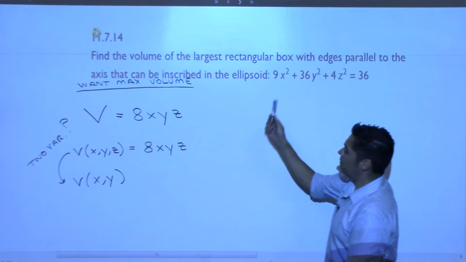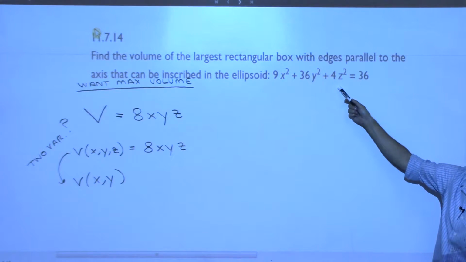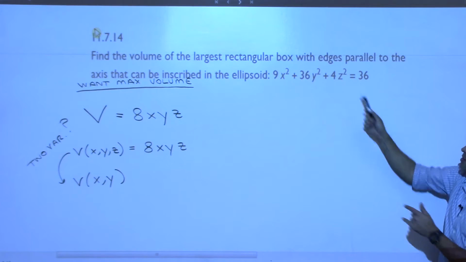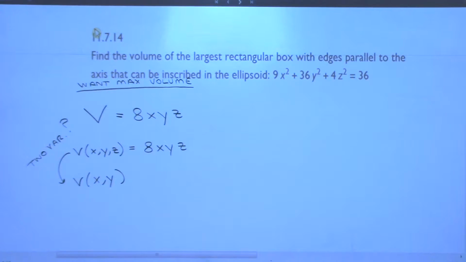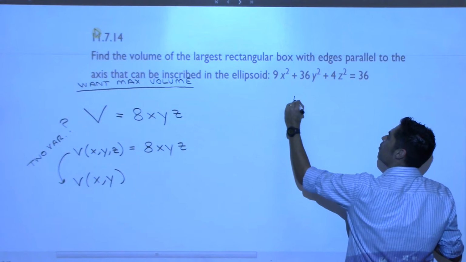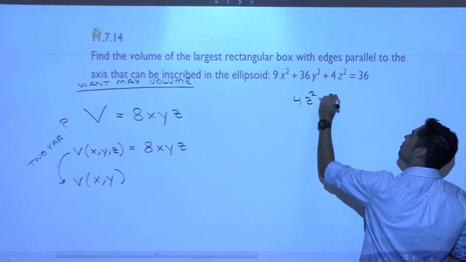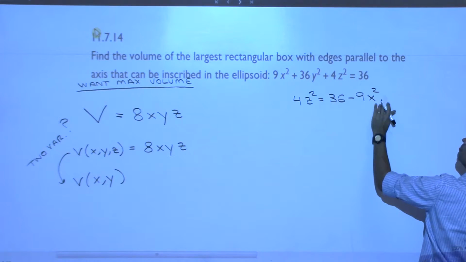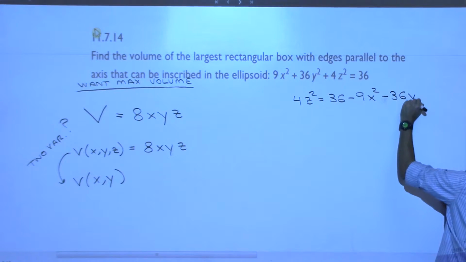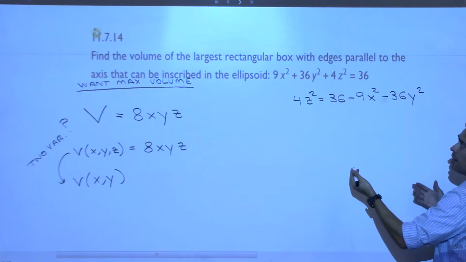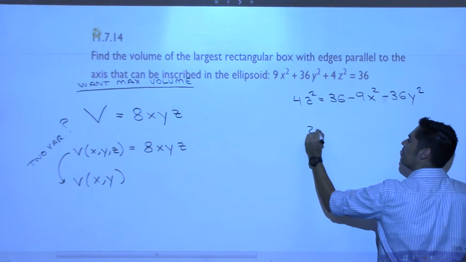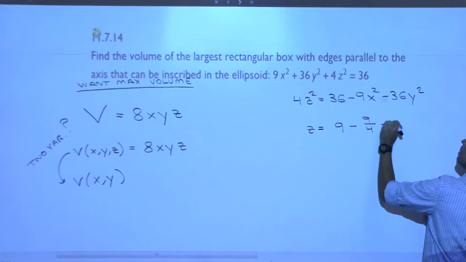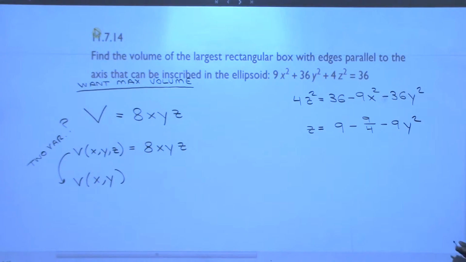Look, if that point x, y, z has to live on this, then the x, the y, and z have to satisfy that equation. So solve this equation for z right now. You get 4z squared equals 36 minus 9x squared minus 36y squared. And then divide by 4. z squared is 9 minus 9/4 x squared minus 9y squared.